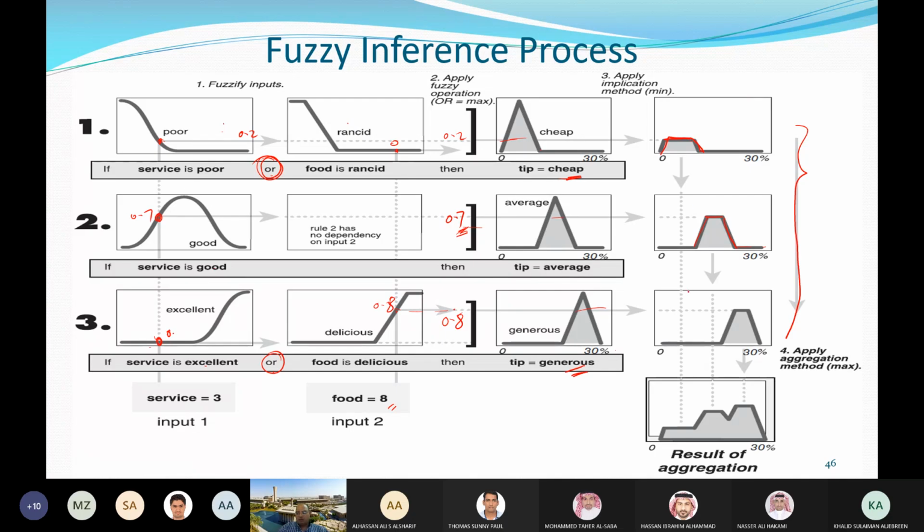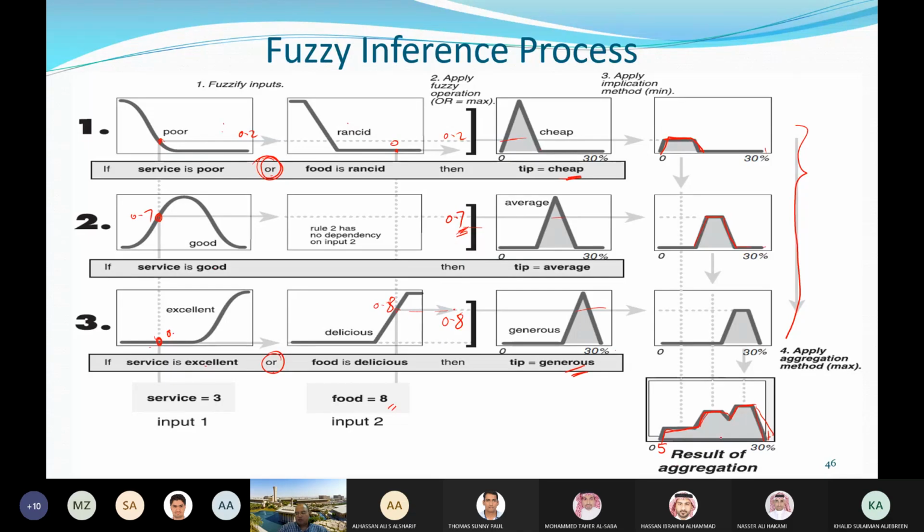So we have the summation. So it's similar to what we have here. This is the shape that we have. Now, this is the result of all the three if-then rules. The question now is how to convert this output to a specific numerical value of the tip, which ranges between 5 and 30.